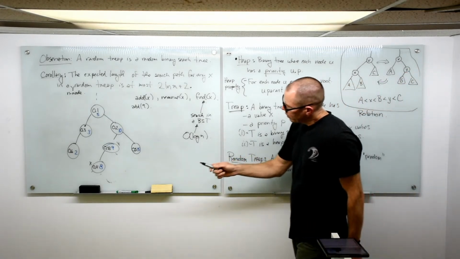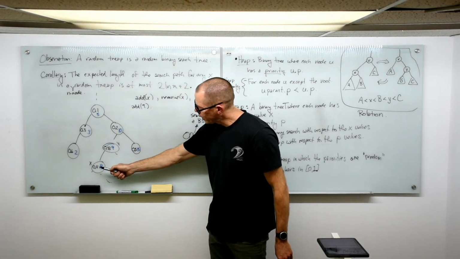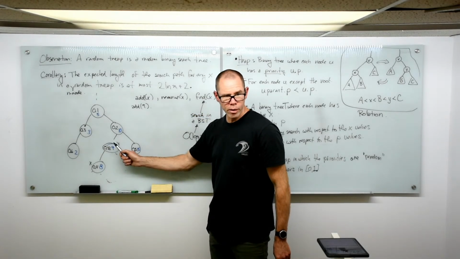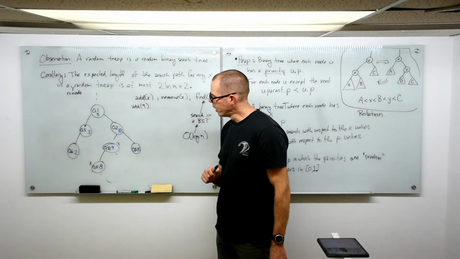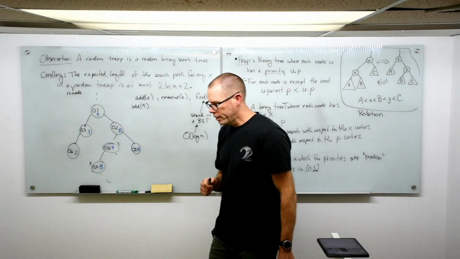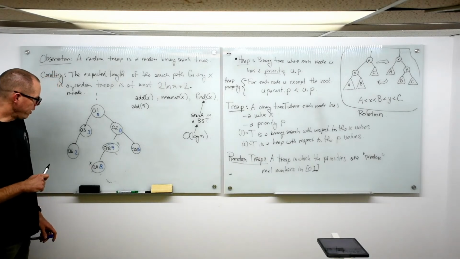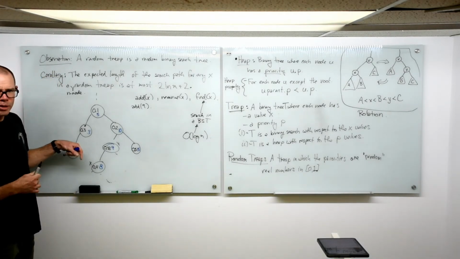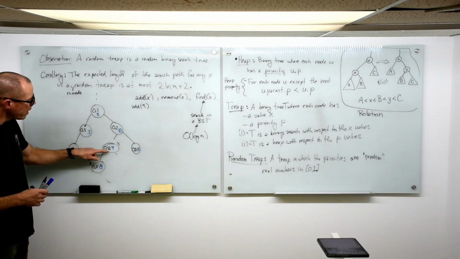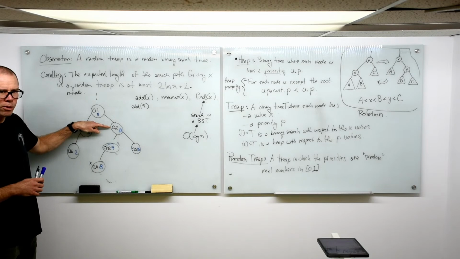All right, and now this edge, which was causing me grief, the one that joins the node with priority 0.33 and the one that joins the node with priority 0.4, is no longer violating the heap property anymore. The one with smaller priority is the parent of the one with larger priority. So now we're done, but we're only done in this particular example. We're only done because the priority that I picked here was 0.33, and the priority up here is 0.2.